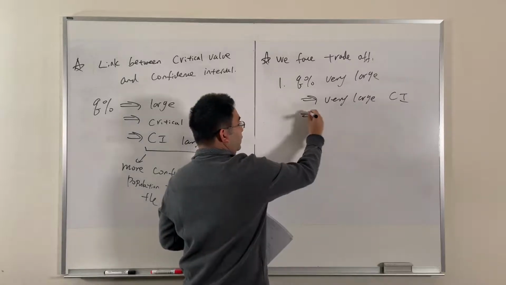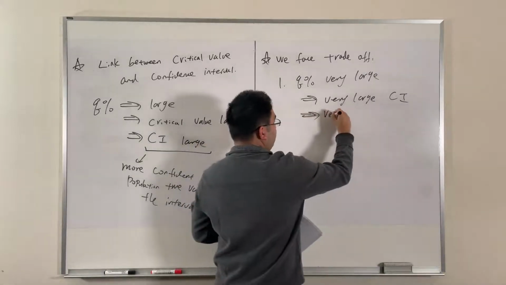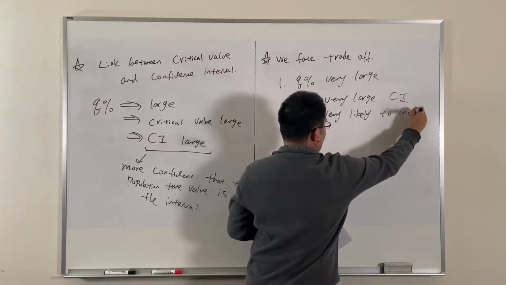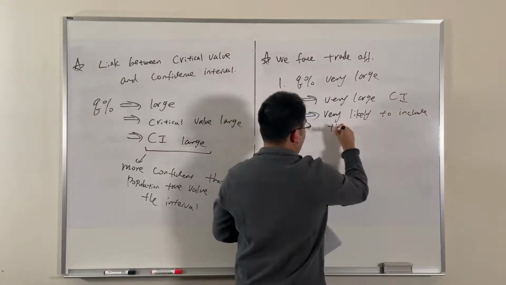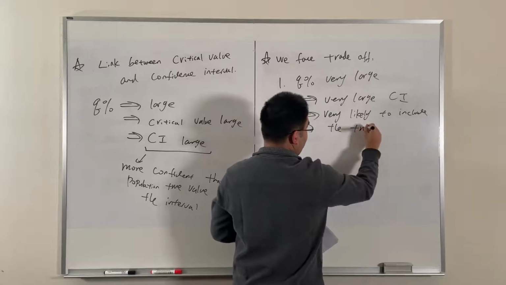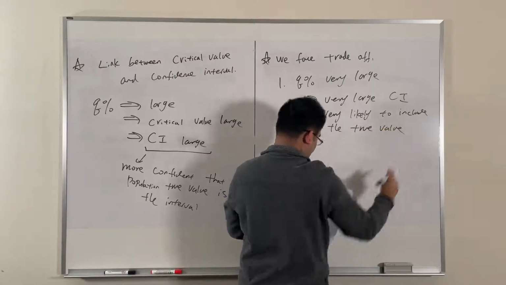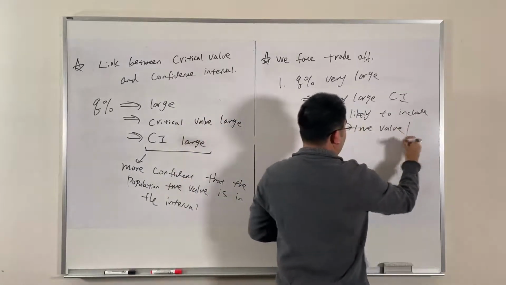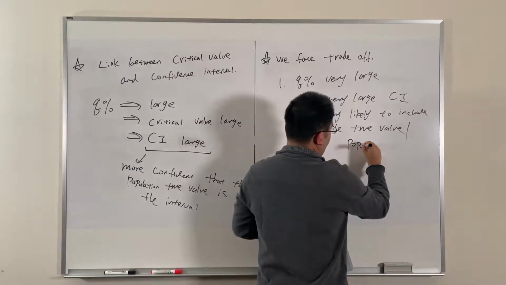And the good thing is it's very likely to include the true value, or in this case, the population mean.